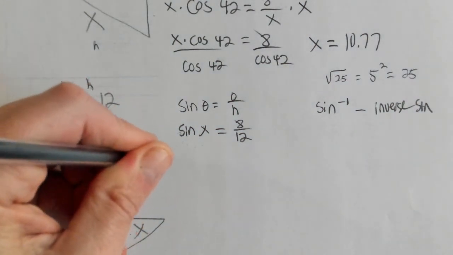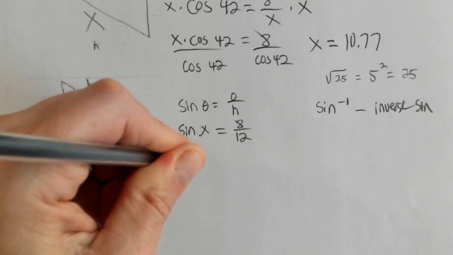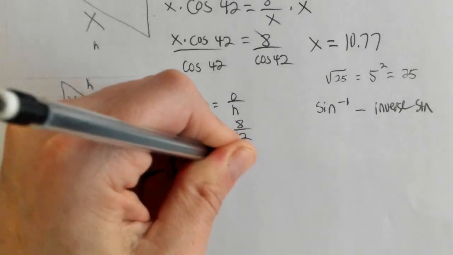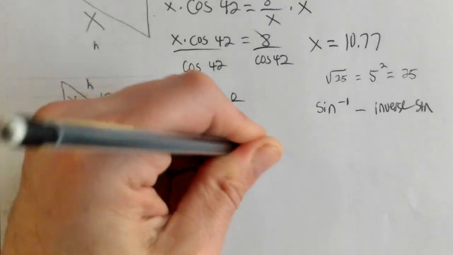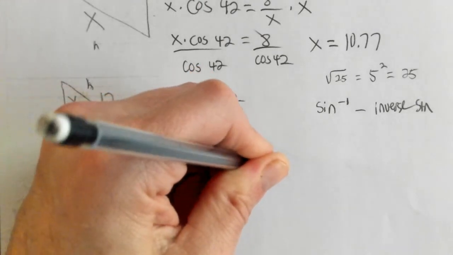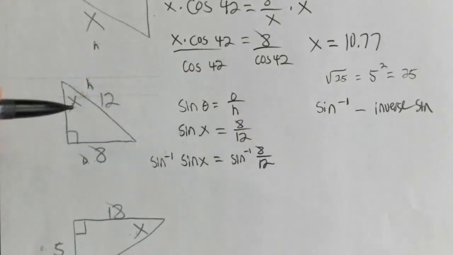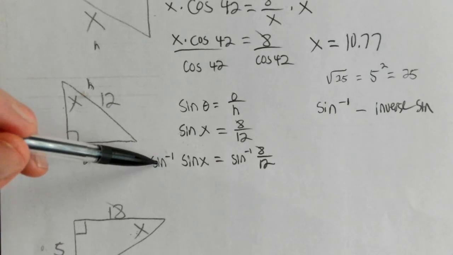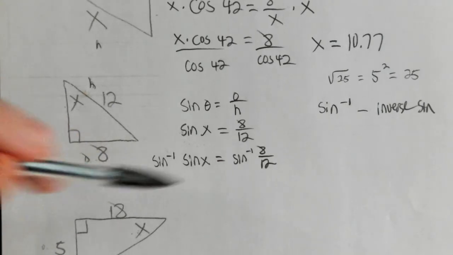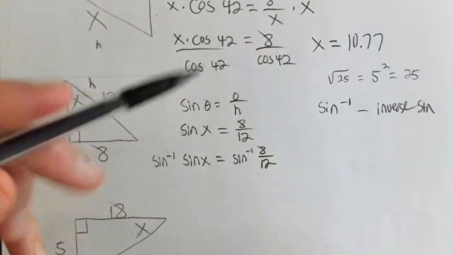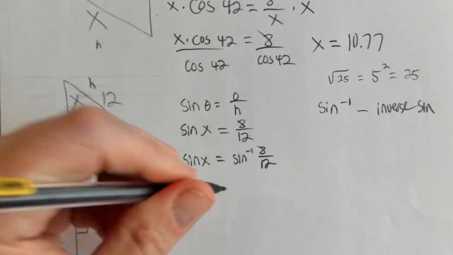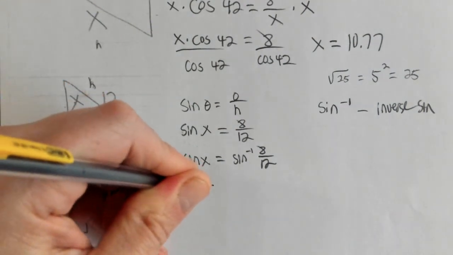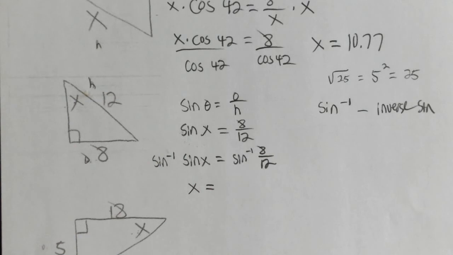So I'll do inverse sine of sine of x equals the inverse sine of 8 over 12. Remember, inverse sine and sine are opposites of each other. So really the inverse sine of the sine of x is just x, and the x just falls out of there, right?